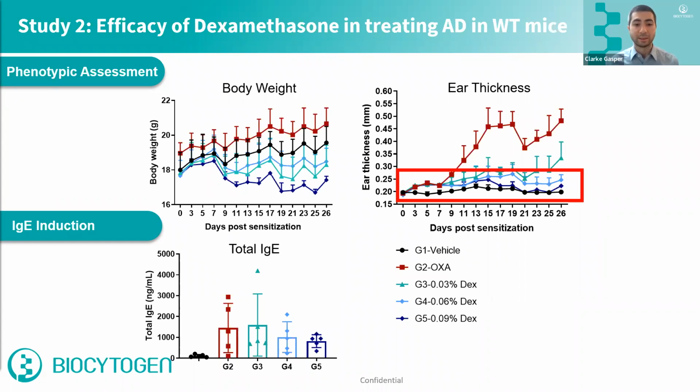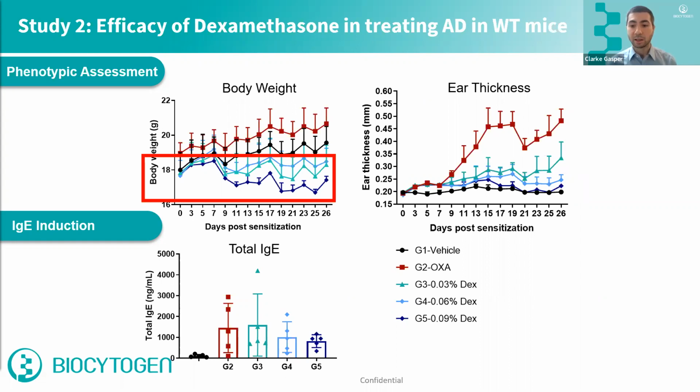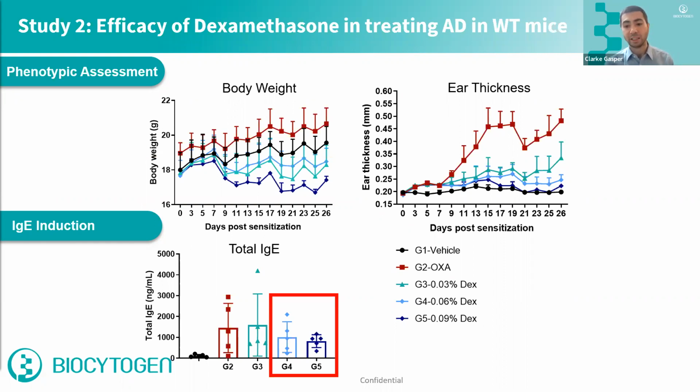However, these high doses of treatment, as shown by the dark blue line, also led to significant weight loss compared with the control group. And then thirdly, serum IgE concentration suggests that higher doses of dexamethasone may reduce the overall concentration of serum IgE levels compared with oxazolone alone.